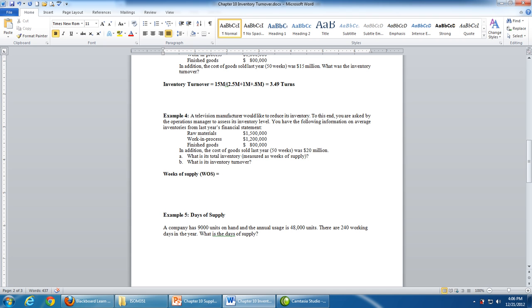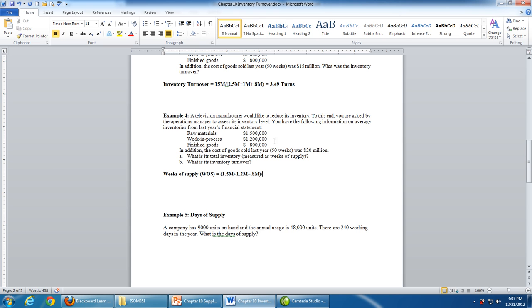Week of supply equals first average inventory, 1.5 for raw material plus 1.2 for work in process plus 0.8 for finished good, divided by weekly sale.